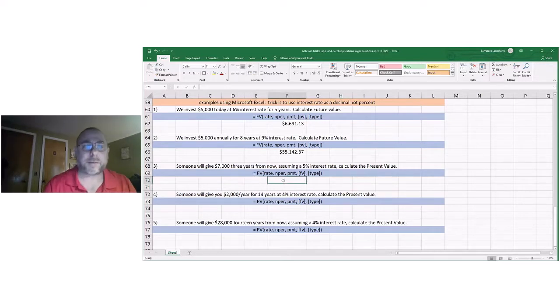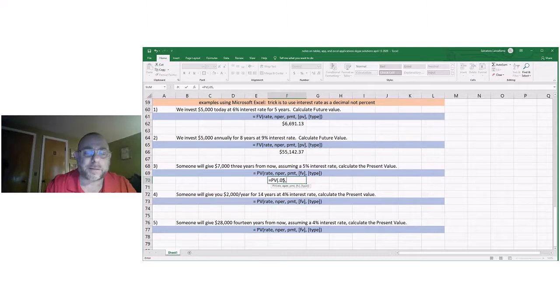So now, instead of starting with equals FV, I'm going to start with equals PV, open the parentheses. So look what it wants. It wants the rate, which is 5%. So 0.05, comma, number of periods, 3.